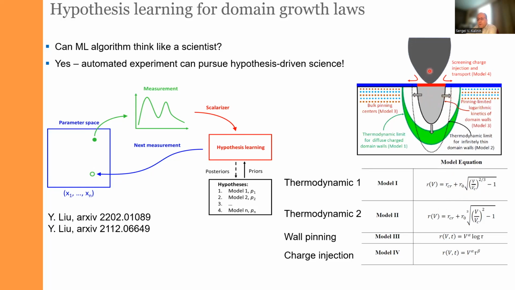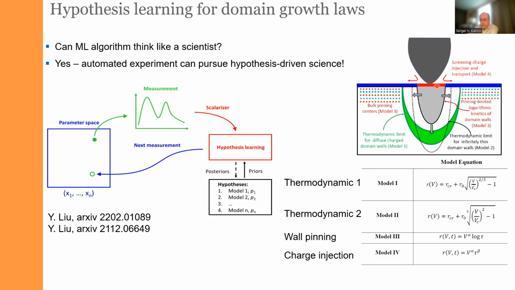The third model is that the size of the domain is limited by the charge injection. So the best way to create the list of hypotheses is based on the physical mechanisms and analyzing what is the limiting stage. If this is the limiting stage, this is one hypothesis. If this is the limiting stage, this is another hypothesis.